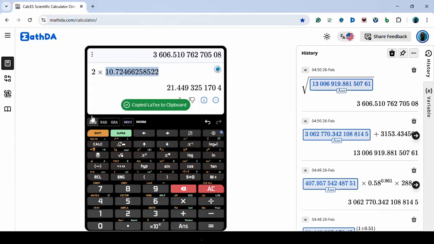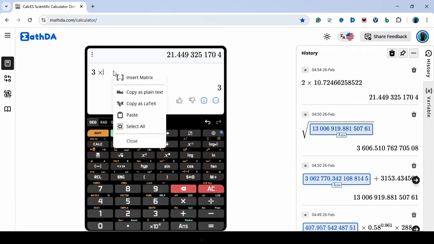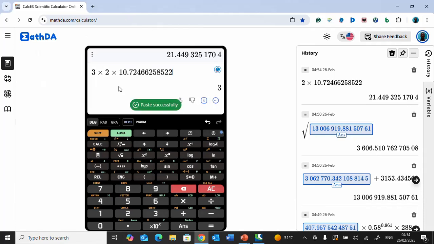Let me see if I can use it. Now let me say for 3, times, let me paste. Let me see whether it will work. Okay, it copies the whole.